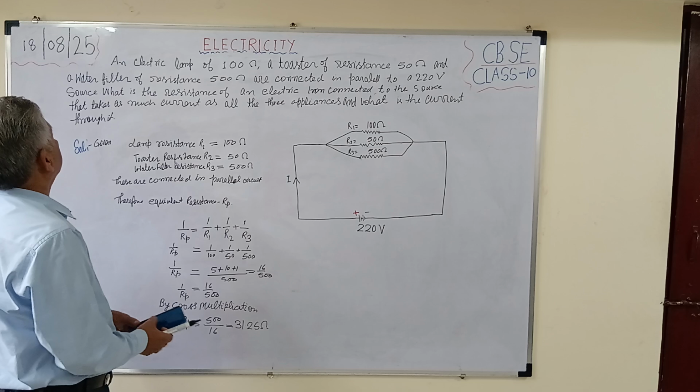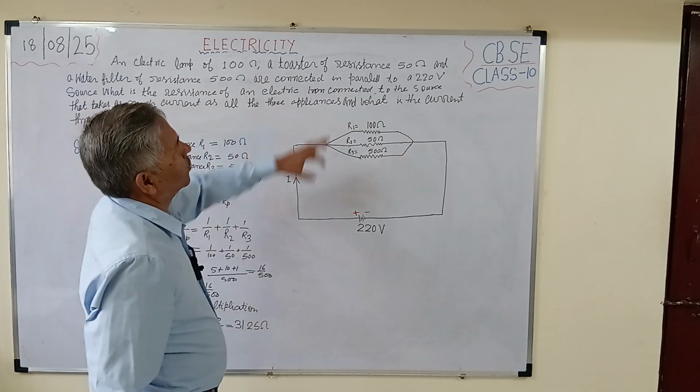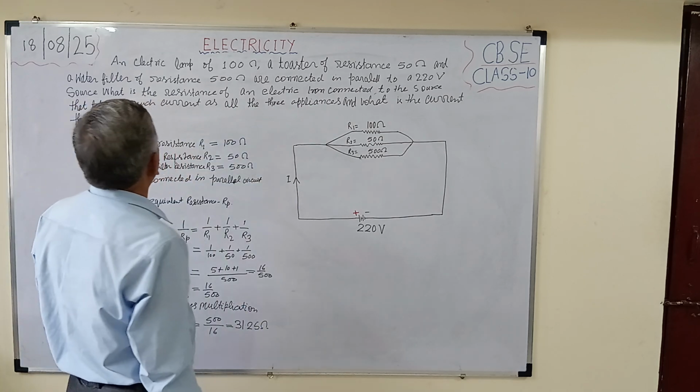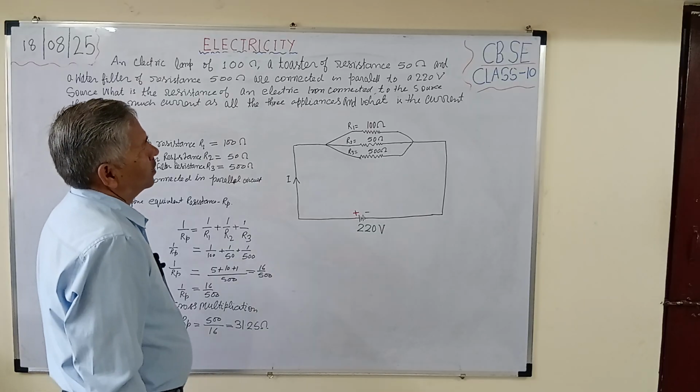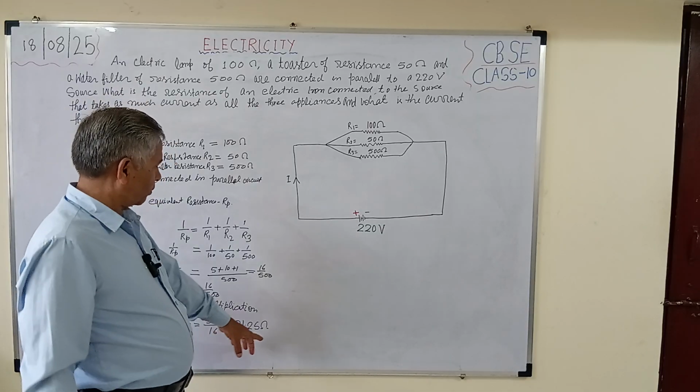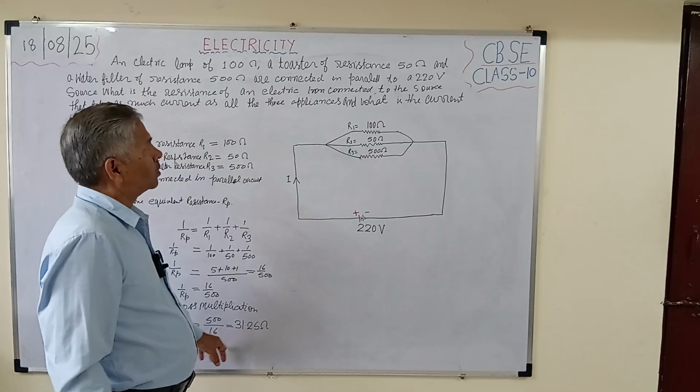Now the question is, what is the resistance of an electric iron connected to the source that takes as much current as all the three appliances? That means the total resistance of the source is 31.25.